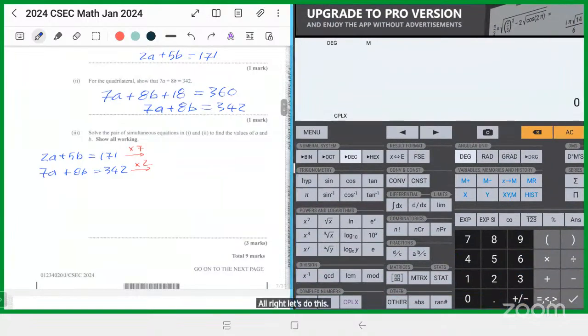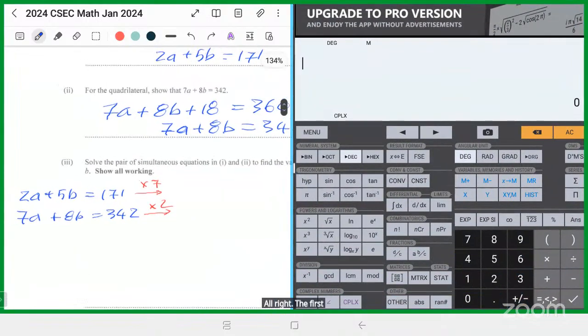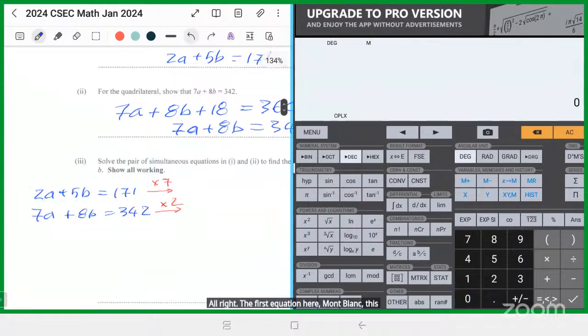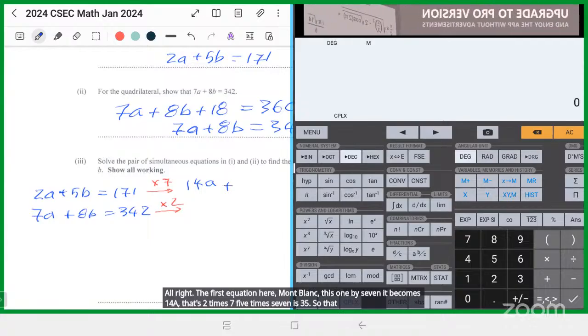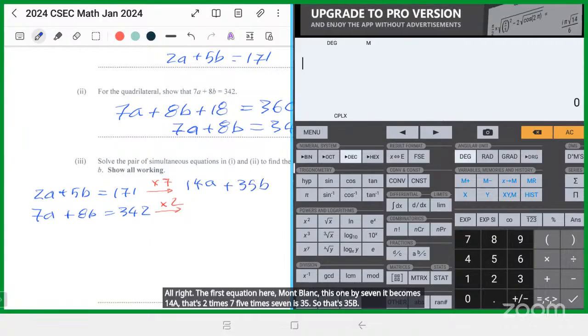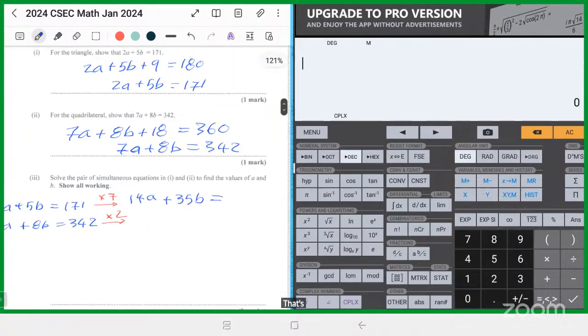All right. So the first equation here, multiplying this one by 7, it becomes 14A. That's 2 times 7. 5 times 7 is 35, so that's 35B. That's all equal to, we need to multiply this also by 7. So that's 171 times 7.